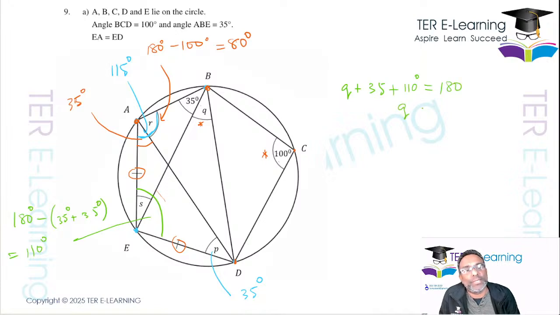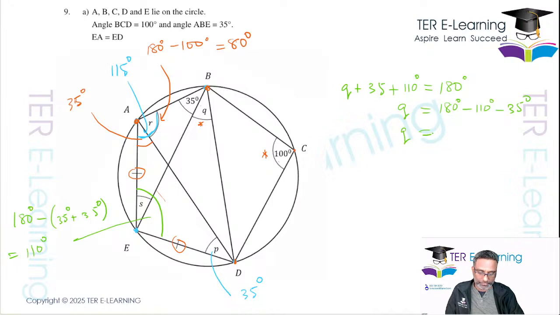Therefore Q is equal to 180 minus 110 minus 35. So angle Q is 35 degrees as well. Angle Q is 35.